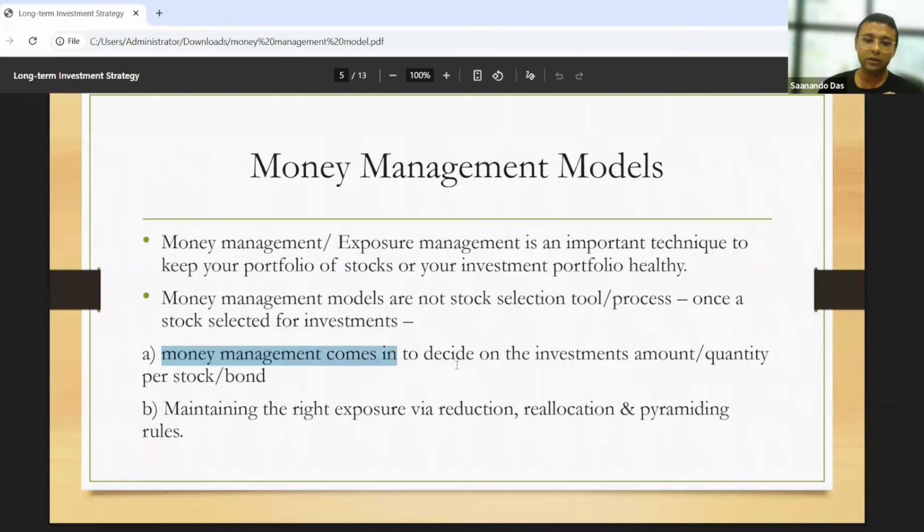It decides what your investment amount or quantity will be once the stock is selected. And after you have gone into that stock, you have to maintain the right exposure, like cutting the plants. जब stock अच्छा phase नहीं हो रहा है, then we need to reduce.